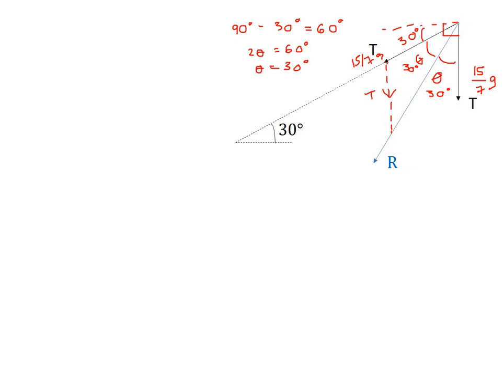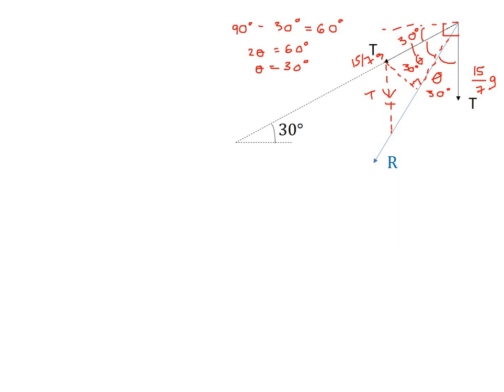Now, the easiest way to do that is if we turn this into a right angled triangle like that. This is actually an isosceles triangle. So because we've got the tension there and the magnitude is the same as the magnitude of the tension here, if we find out what this part is, so this bit here, then we can just double it. Yeah. So I know that that is T. And I've got my angle theta here, which we found out was 30.